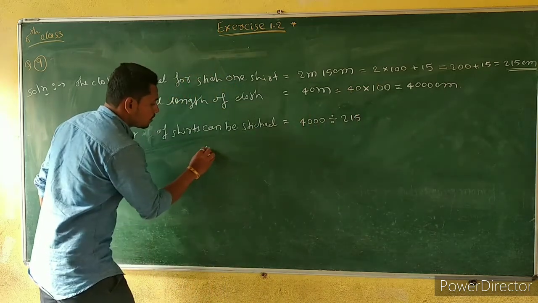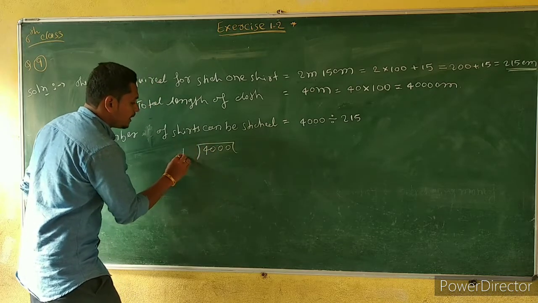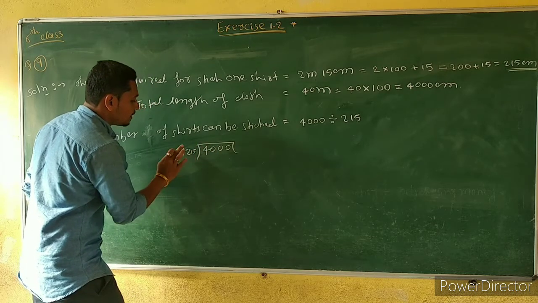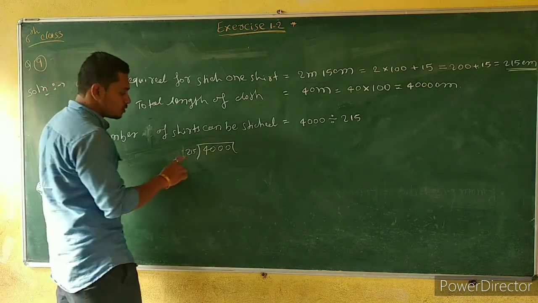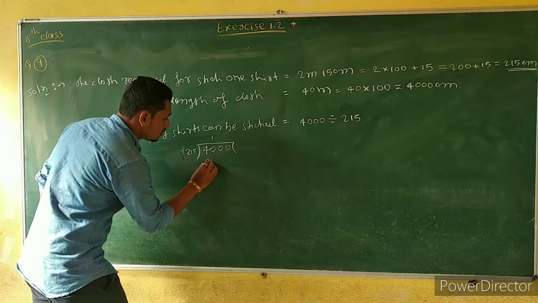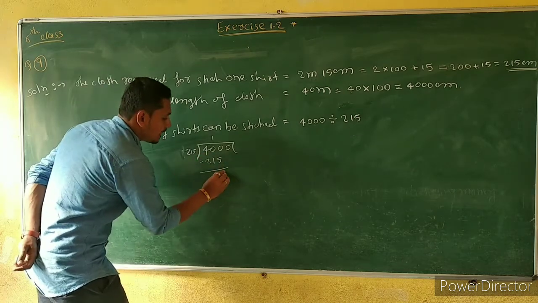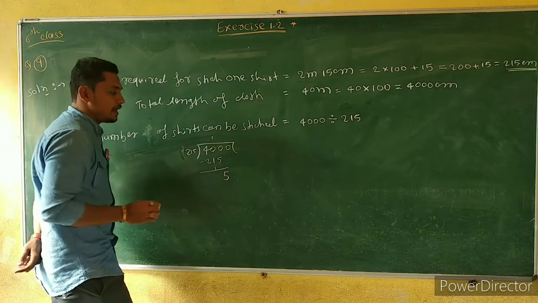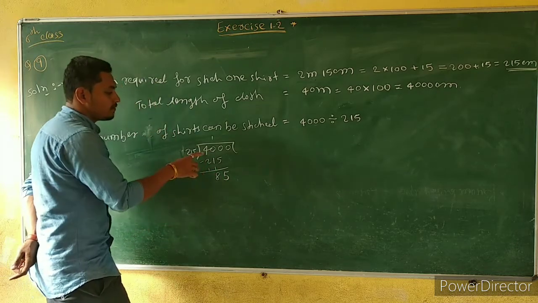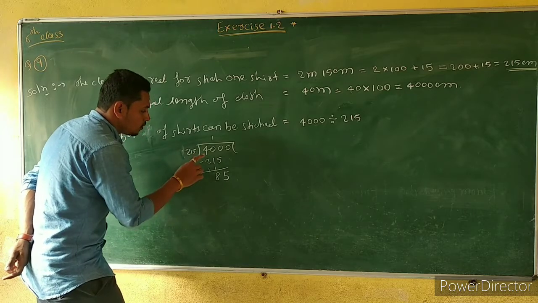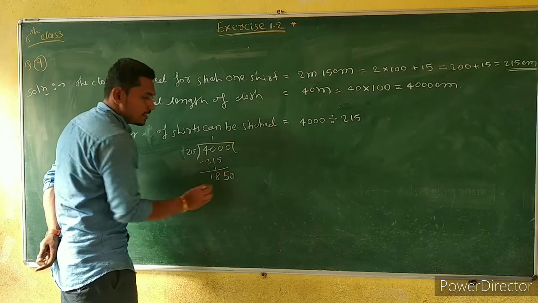So here 4000 divided by 215. Now 215 ones are 215. Subtracting: 10 minus 5, carry 1. Next 10 minus 2, 8, carry 1. And 4 minus 3, 1. Then 0 as it is.